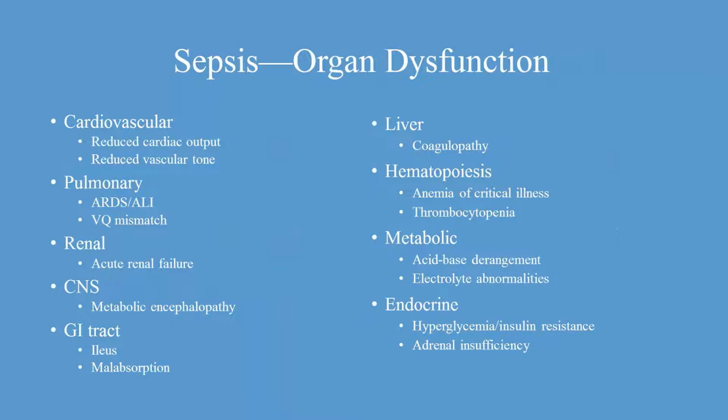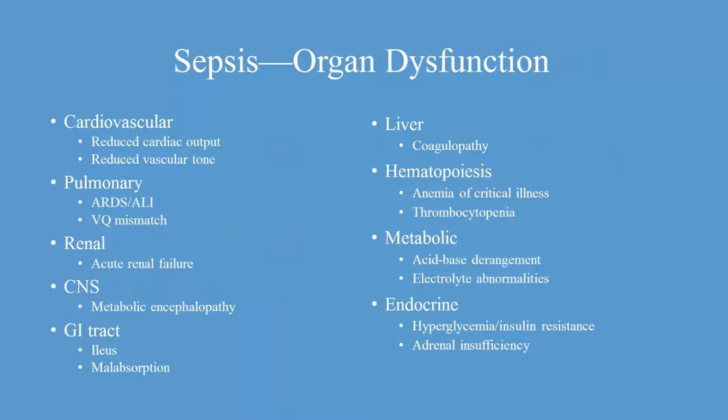All right, so the organ dysfunction that you're looking for, well, it can manifest in any number of ways, and here's a partial list of some of the more common ways we see it. Probably most commonly, it's the respiratory dysfunction, renal, and neurologic, but any of these things can occur in any order and any combination.